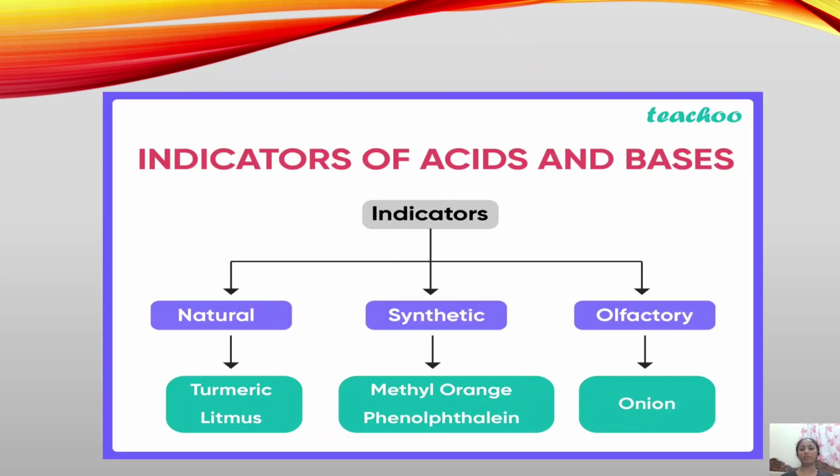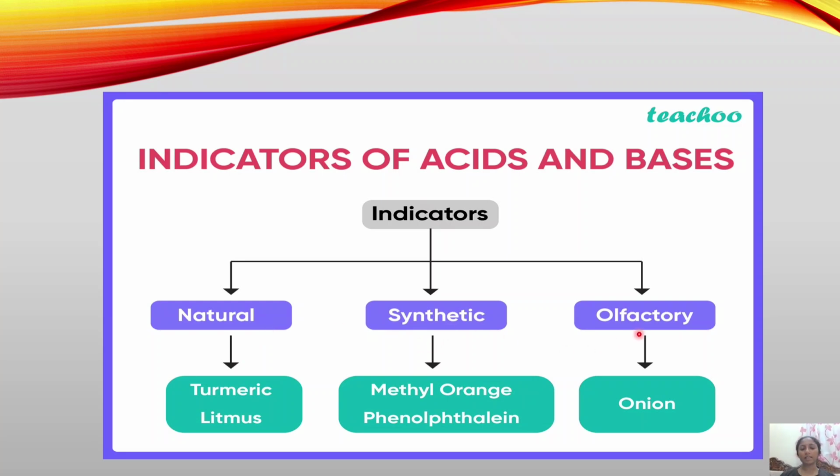Now we can see here that there are so many types of indicators. Indicators are used for detecting the medium, whether it is acidic or basic. We can divide these indicators into natural indicators, synthetic indicators and olfactory indicators.